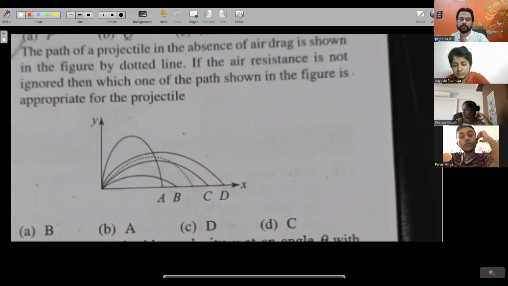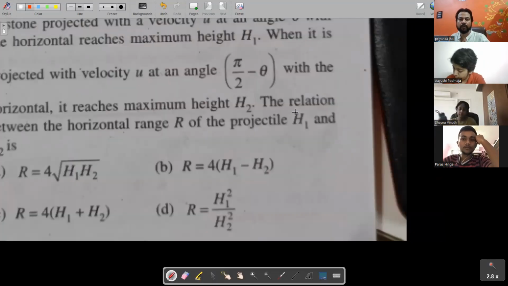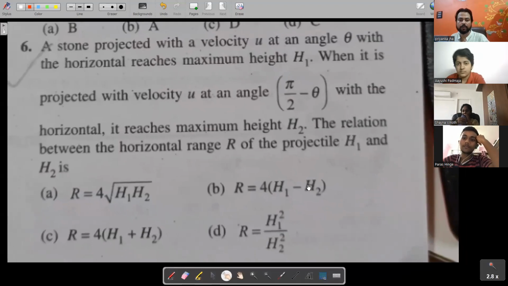So actually, I was having a doubt. Will air resistance be from right to left and from upward to bottom? Will it be from bottom to upward? No, air resistance means what? What do you mean by friction? Friction is something that will oppose the relative motion, right? So it will always oppose your direction of motion, whether you go from right to left or left to right or top to bottom or bottom to top.